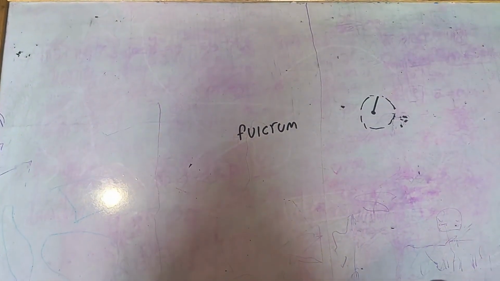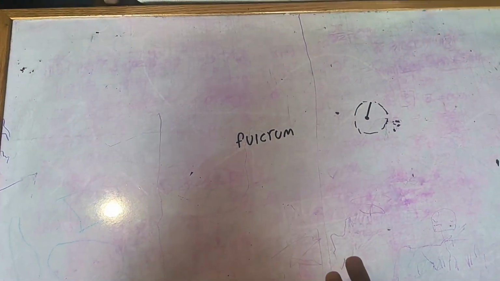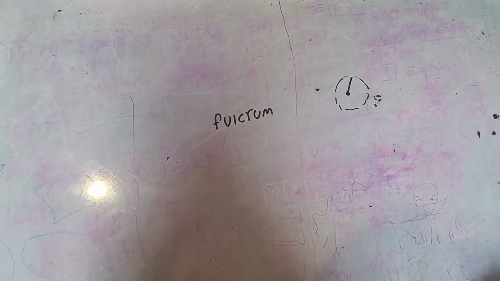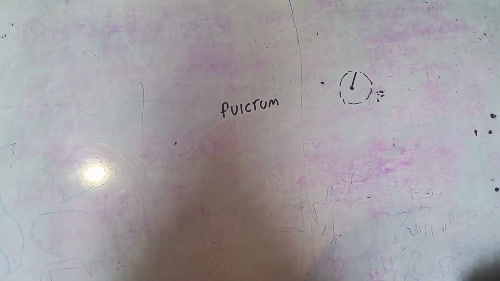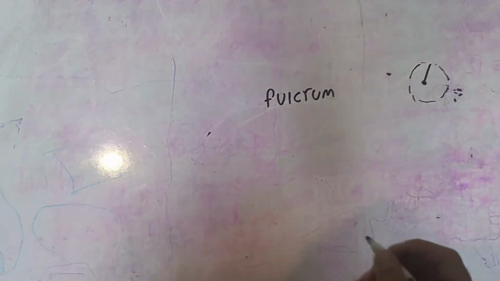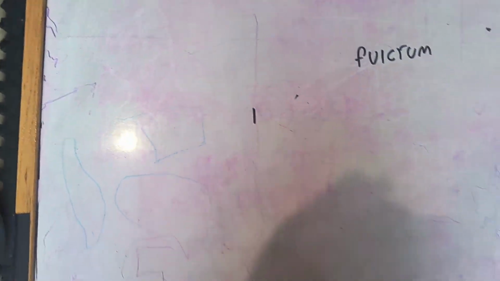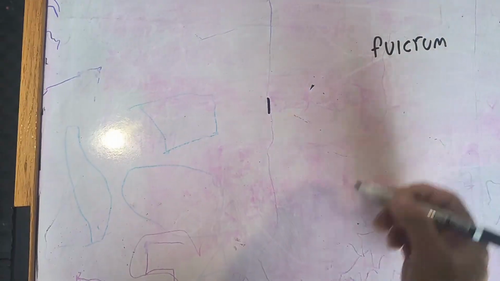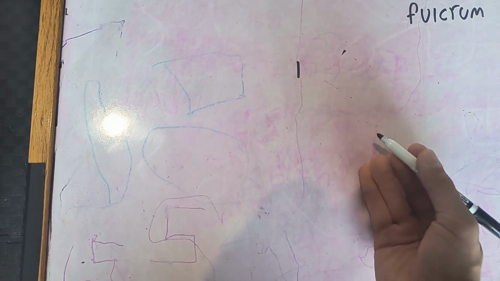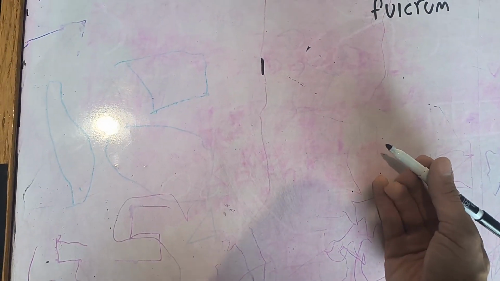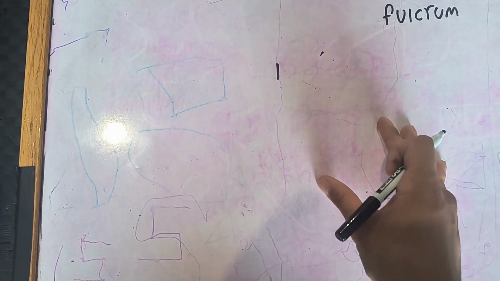Levers help us lift things. Effort is the force you're applying, and where you're applying it. So a first class lever has the fulcrum, the pivot point, between the load and the effort, between the thing you're trying to lift and where you're applying that force.